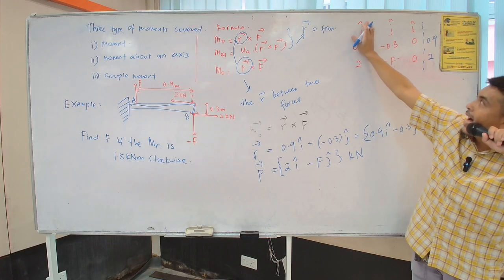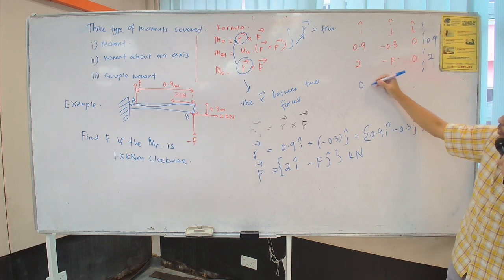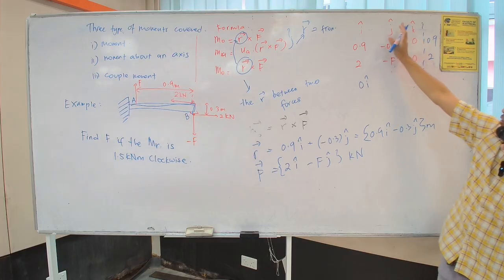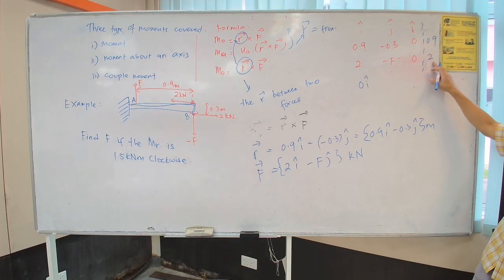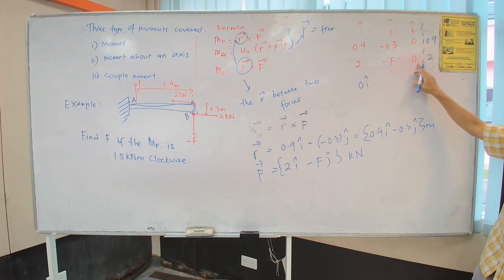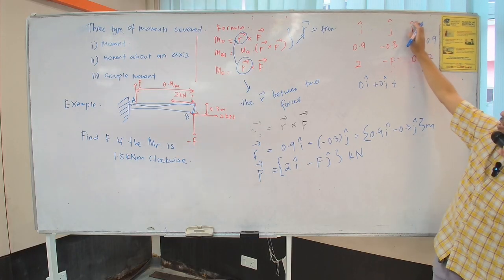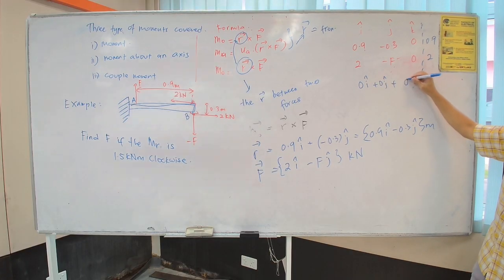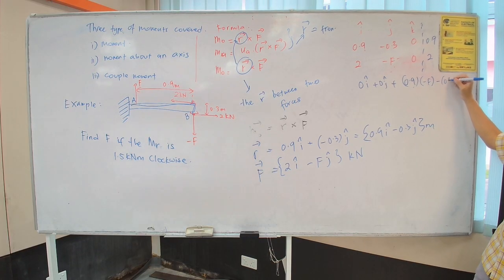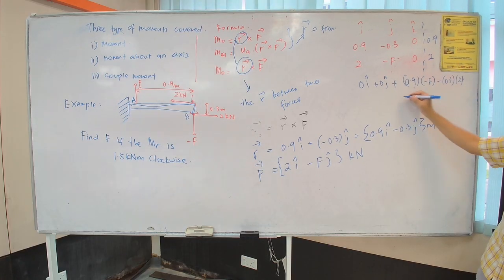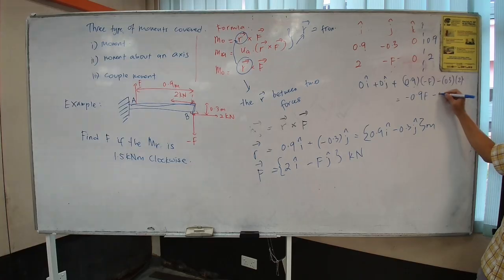Okay, so we close I: 0.3 multiplied by 0 minus 0 multiplied by, becomes 0 I. And then we close the J: 0 multiplied by 2 minus 0.9 multiplied by 0, you get 0 plus 0 J. And then we close the K: 0.9 multiplied by negative F minus 0.3 multiplied by 2, then we get negative 0.9F minus 0.6, is it?